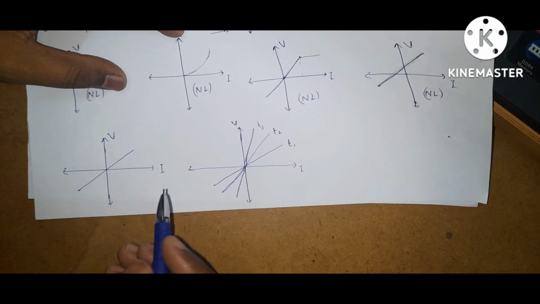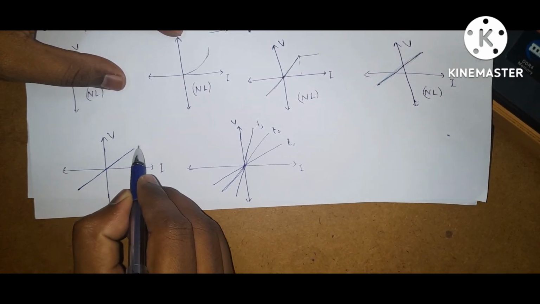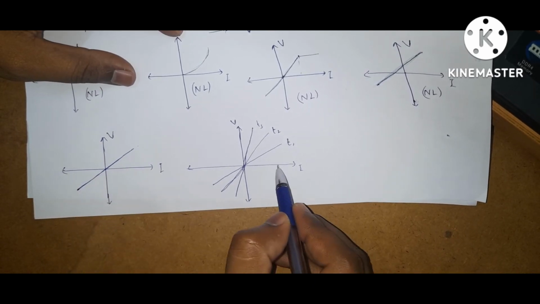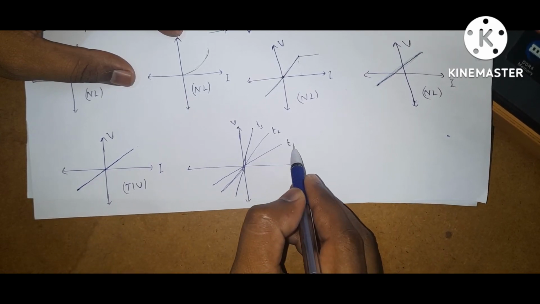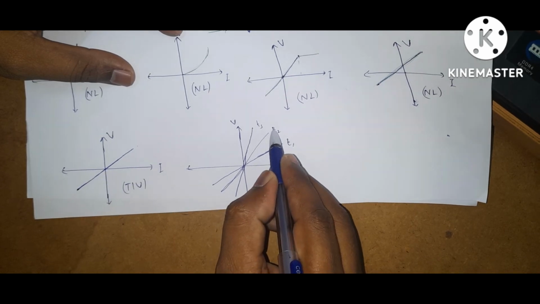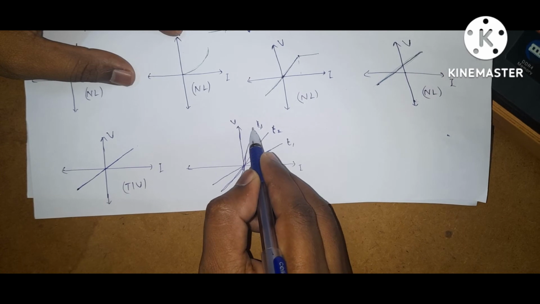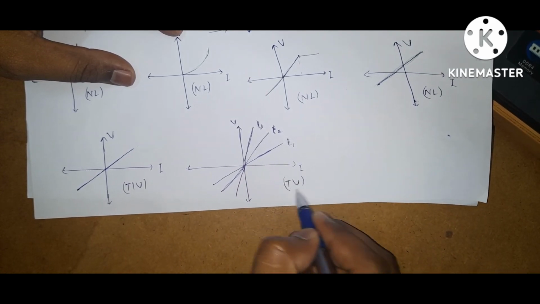Coming to the graph, for all time it has only one characteristic line, so this is time invariant. But coming to here, for time t1 it has one characteristic line, for time t2 another characteristic line, and for time t3 another characteristic line. So it is a time varying element.